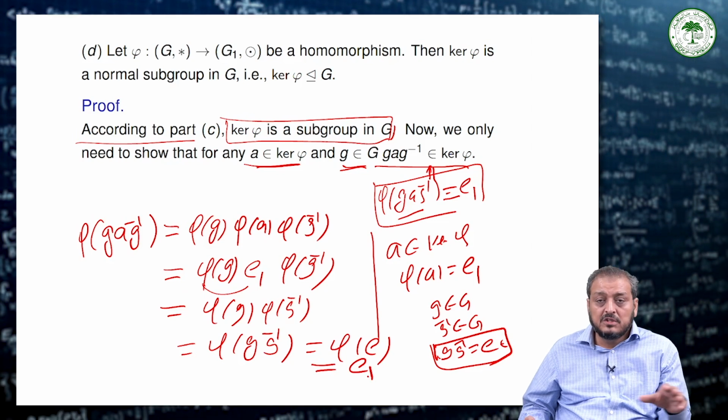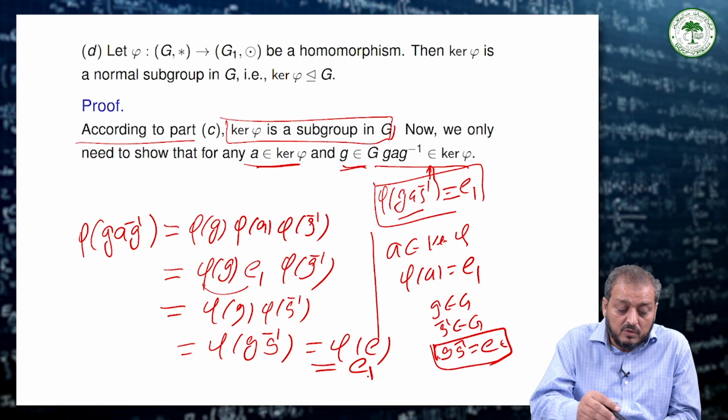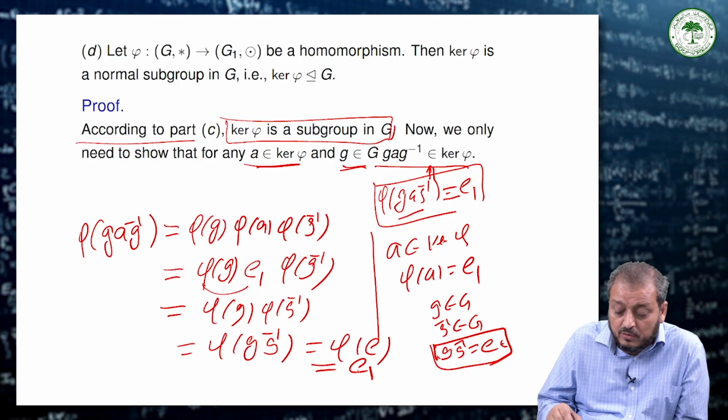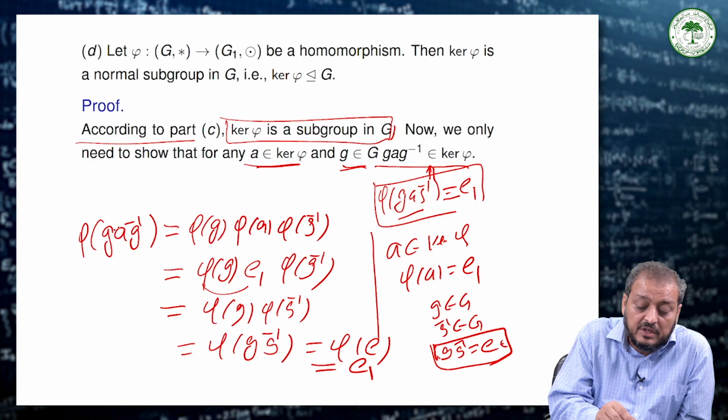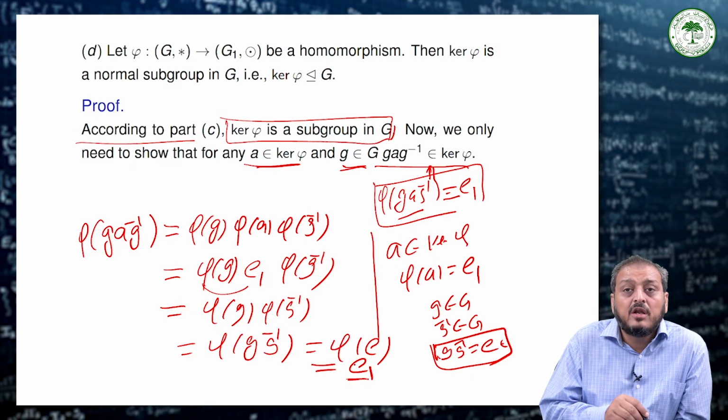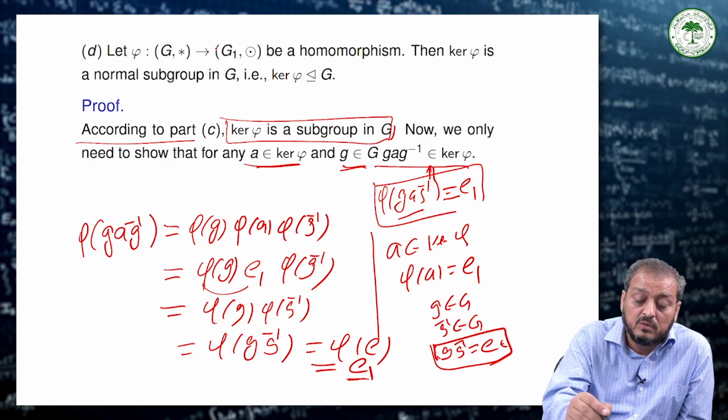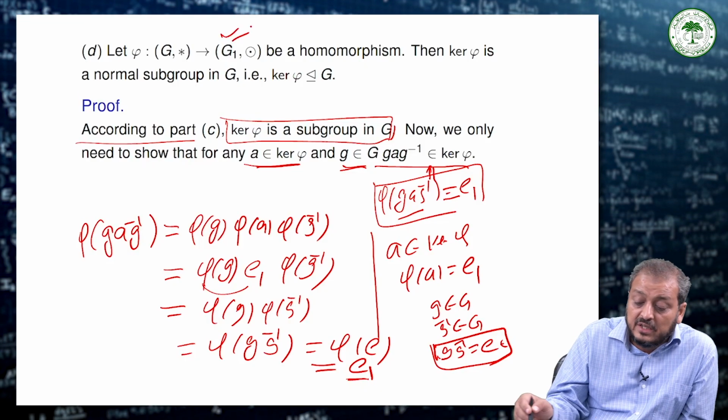So we simply say that clearly we have to prove that phi of g inverse is equal to the identity of G1.